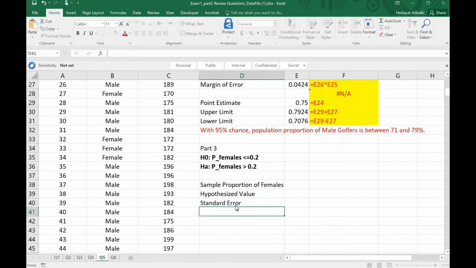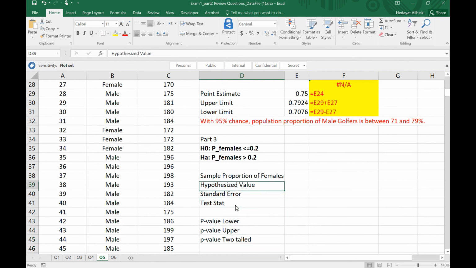After we have all of these, we can go ahead and calculate the test statistic. And once we have the test statistic, we can go ahead and calculate the p-value lower, p-value upper tail, and p-value two tail. Sample proportion of female. Let me just copy the formula so you can see what I mean here.